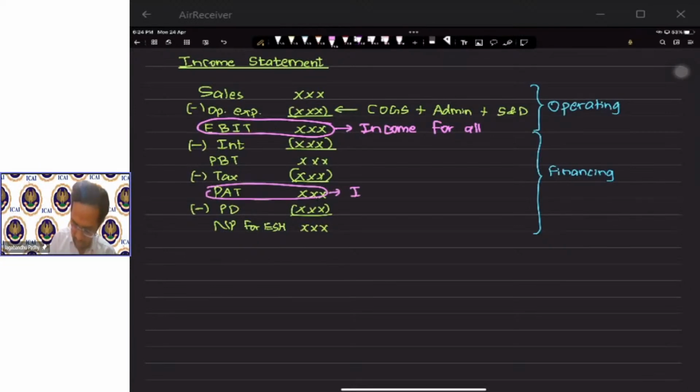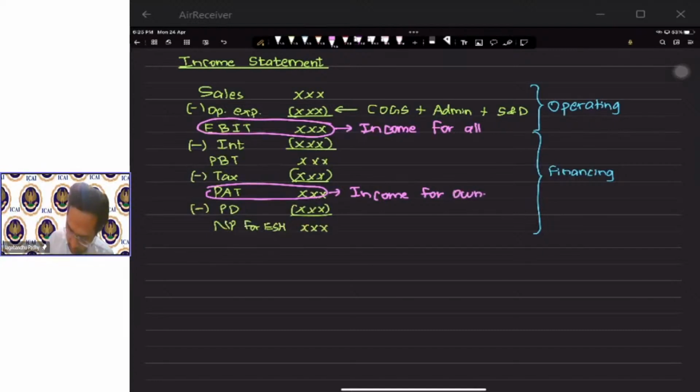Can you tell me, profit after tax is income for whom? Is PAT an income for all the stakeholders? Is it income for all debenture holders, preference shareholders, and equity shareholders? No. This is income for owners.